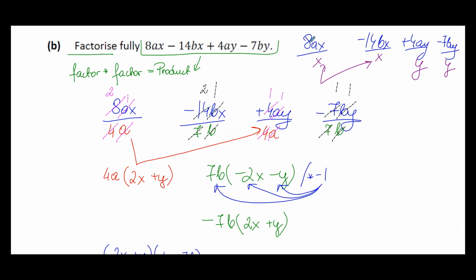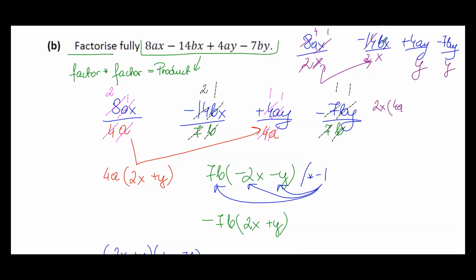Very true. Now, when you are looking at 8 and 14, we can divide that only by 2. So x divided by x is 1, 8 divided by 2 is 4. So if I have 2x, I will be left over with 4a.